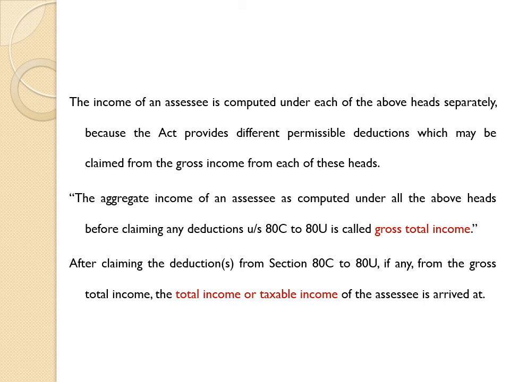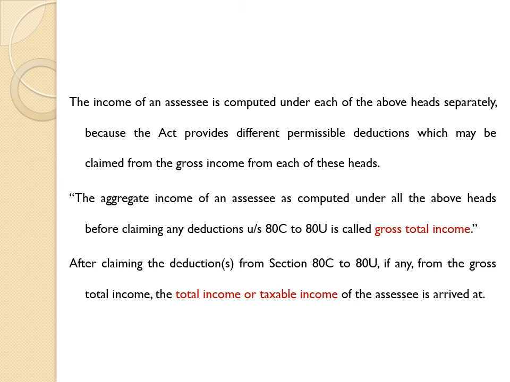Then income of all heads before deduction under 80C to 80U is termed as gross total income. This definition we discussed previously in our past lectures. So see what is gross total income.